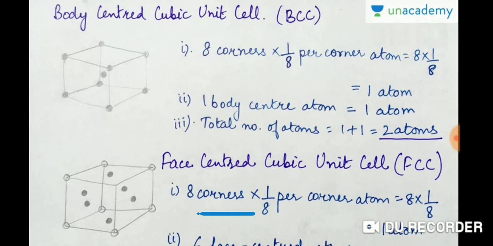Therefore, the total number of atoms would be calculated by first calculating for the corner atoms, which is 8 into 1 by 8, equal to 1 atom. The second one would be for the 6 face centers. So 6 multiplied by half, because each atom contributes just half the volume, which gives us 3 atoms, and therefore the total number of atoms becomes 1 plus 3 equals 4 atoms.